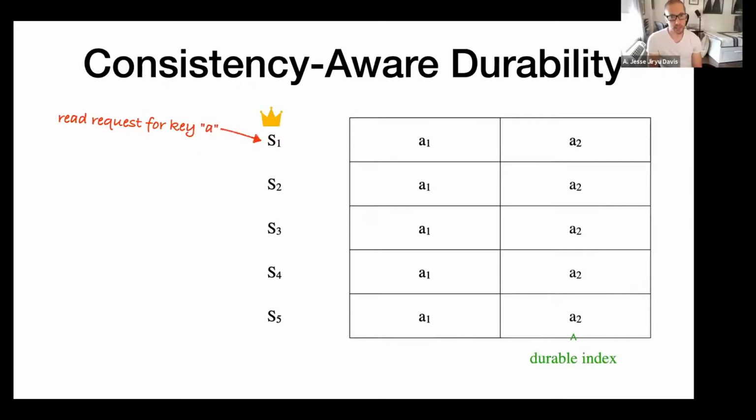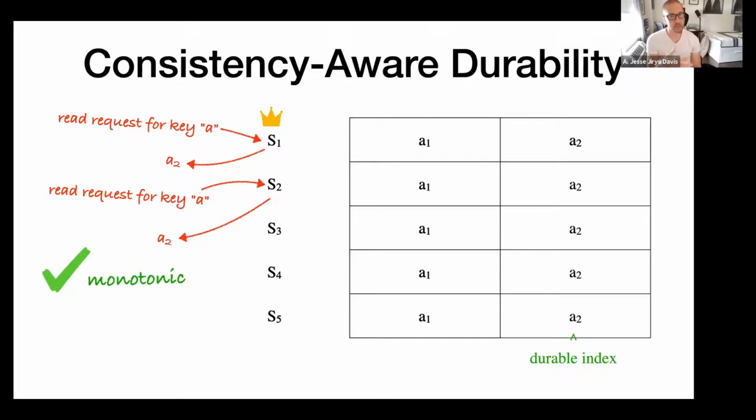Now the durable index is past the latest update to A, and so the leader can respond with the latest value of A. And now the cool thing is that any client can read from any member of the set at this point, and you will always get a value of A2 or more recent than that. So this is how CAD enforces monotonic reads using the durable index.